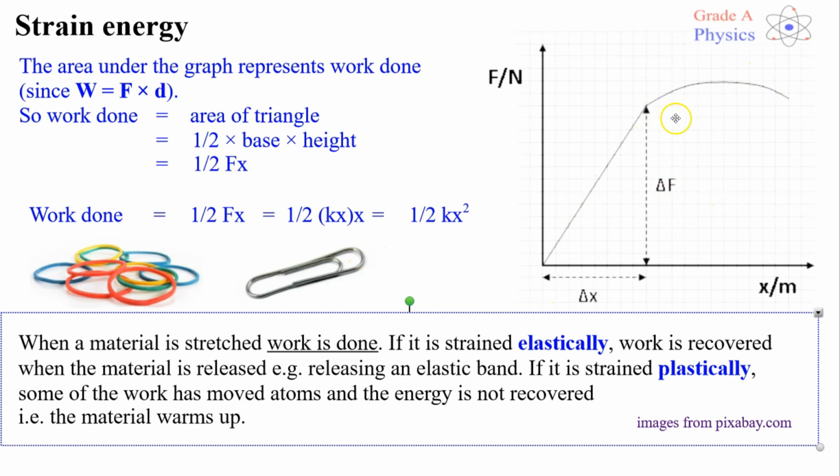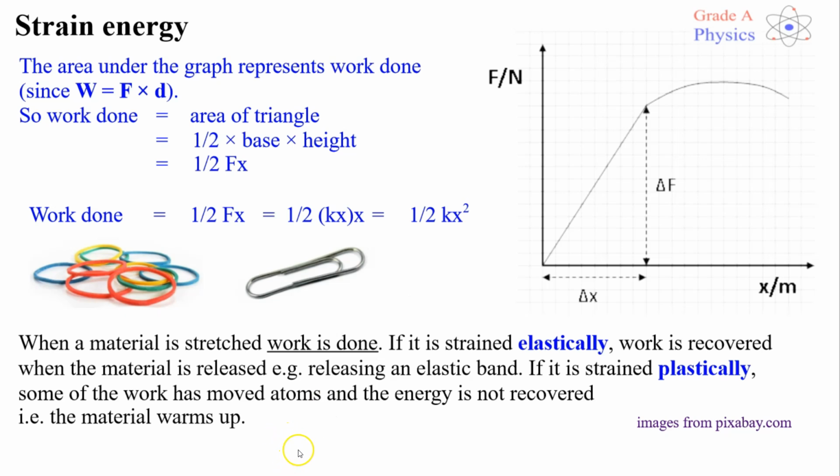We go past the elastic limit into the area of permanent deformation, and some of that energy is going to be changed into heat because that energy has moved the atoms around permanently, so the material warms up a little bit. Okay, so you need the formula, and you need this understanding of some of the energy may be recovered and some will not be recovered if we get into the plastic region.